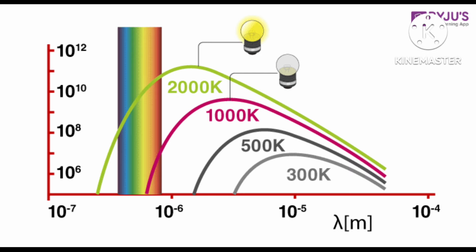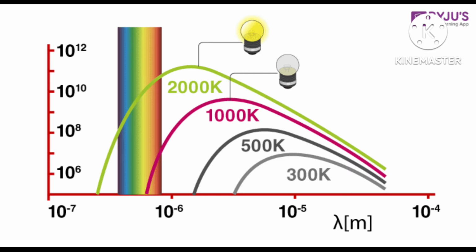Regarding this phenomenon, the intensity versus frequency curve, Planck suggested that atoms and molecules can emit or absorb energy only in discrete, fixed quantities, and not in a continuous manner.